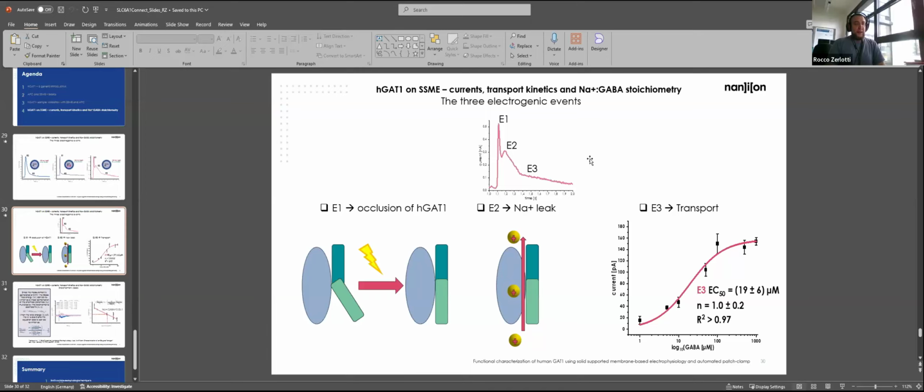Also, SSME intrinsically grants an amplification of the current itself, because in patch clamp you rely on what happens in just one cell. In this case, you have a gigantic amount of transporters that are adsorbed on top of the sensor. So there is also an amplification factor.